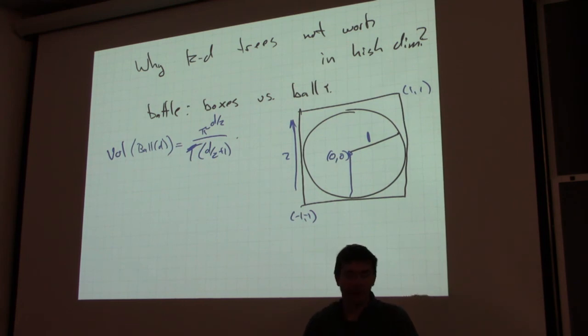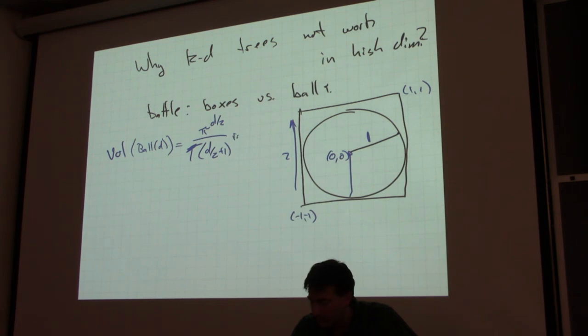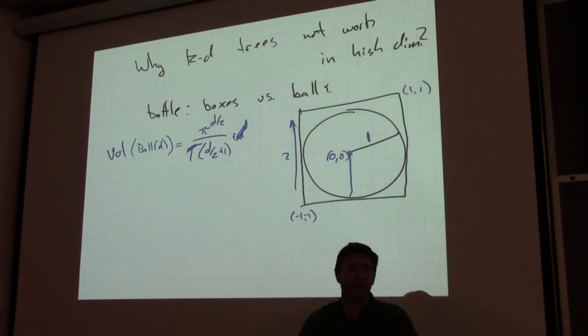What is, times the radius to the power d. The radius was 1. Okay, so in the setting I have, we can ignore this term. What is the gamma function? It's a strange function, but when the input to it is an integer, it's actually the factorial of 1 minus that.